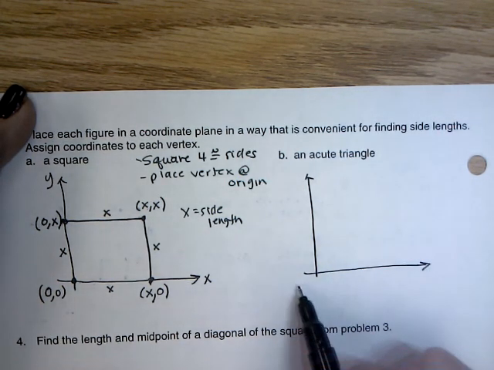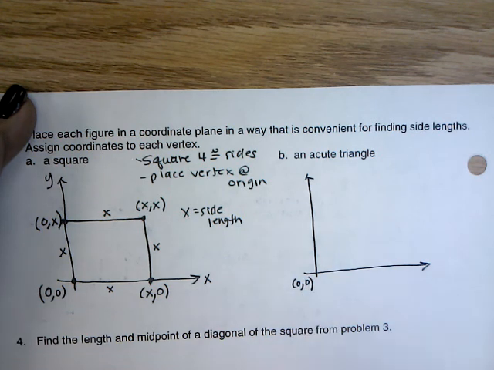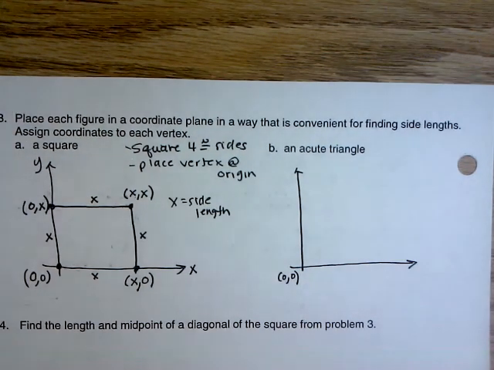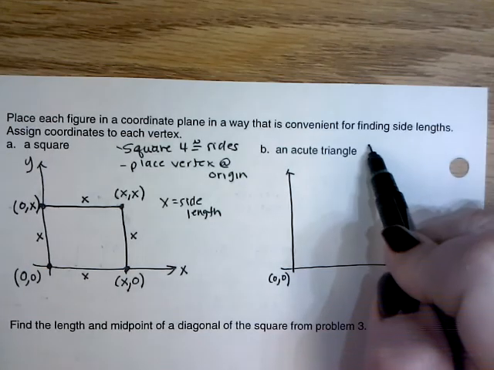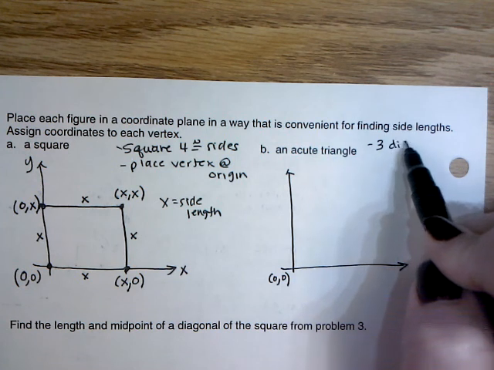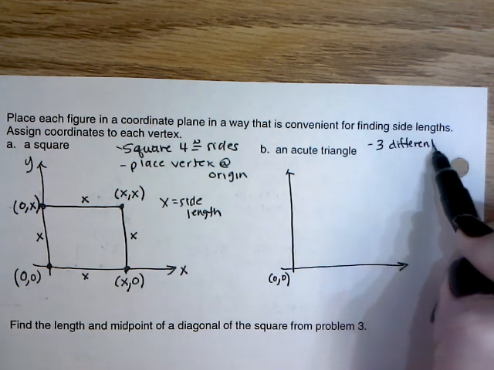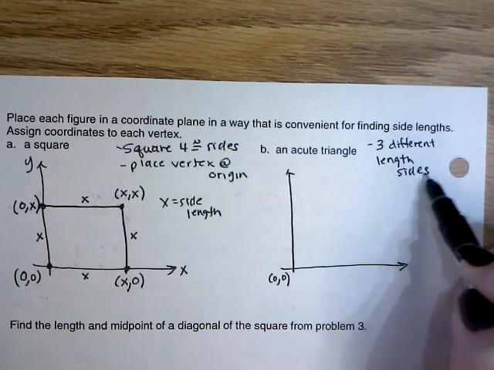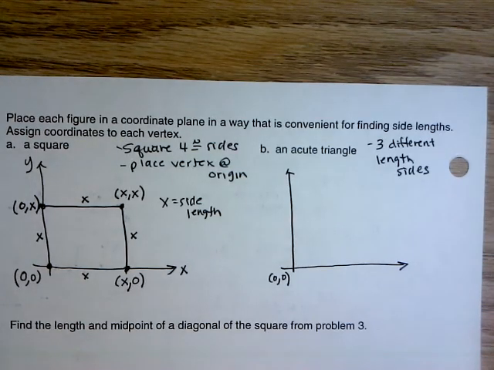I just want you to think. So I'm going to go ahead and set up this next one. Here's a coordinate grid. It says I want an acute triangle. All right, so what do we know about an acute triangle? One, 3 different length sides. Which means if I have 3 different length sides, I might end up having to have 3 different variables.